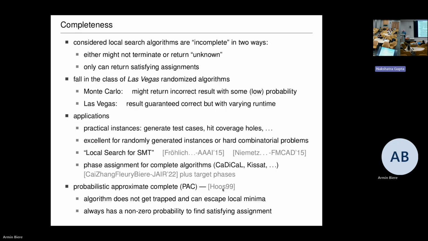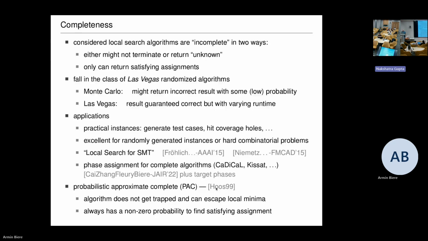However, if you look closer, and this was an insight when I prepared these slides for the first time, they fall into this class of Las Vegas randomized algorithms, where you are guaranteed that this is a satisfying assignment if it returns, because you're checking it. In CNF, there's no point returning a satisfying assignment without checking it.